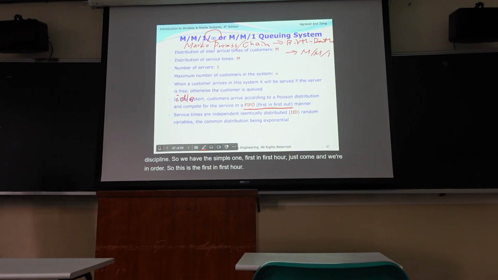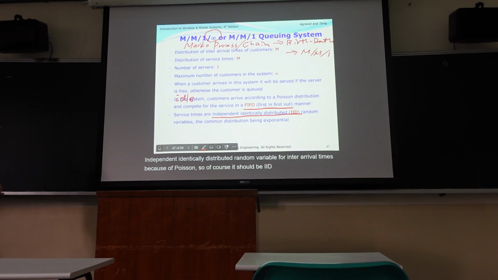And we have the actual assumption. We have independent, identically distributed, so IID, random variables for interarrival times. Because of the Poisson process, of course, it should be IID.